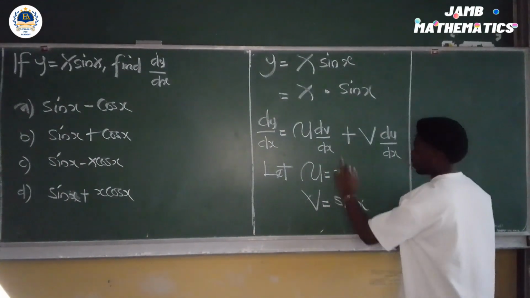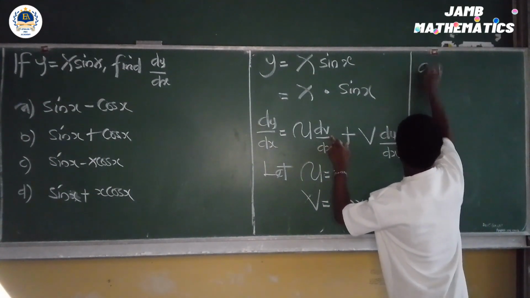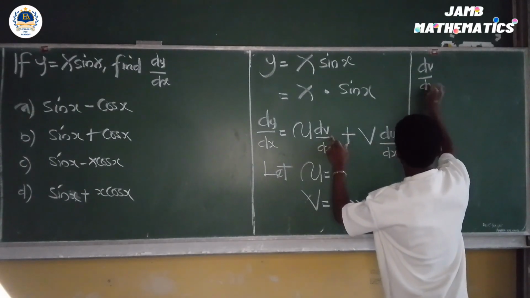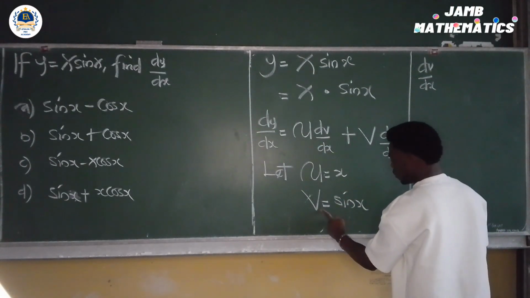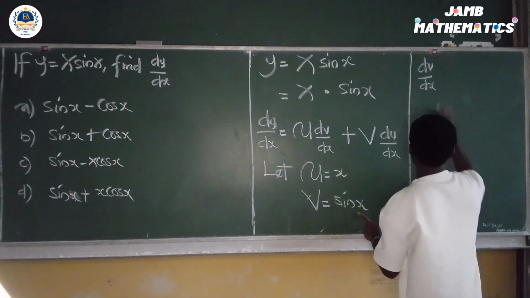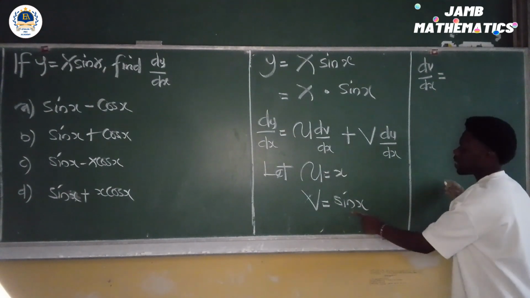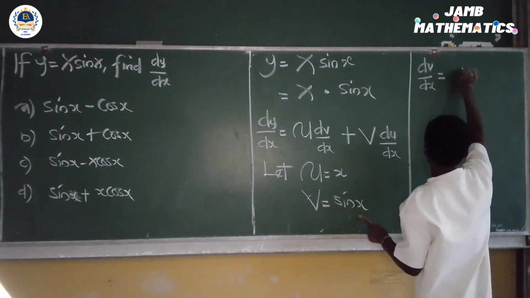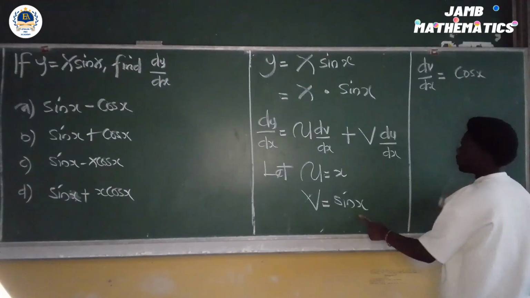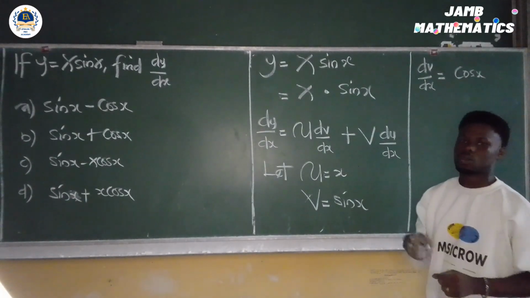So from here, dv over dx, which is the derivative of v with respect to x, is equal to sine x gives cos x. The derivative of sine x is equal to cos x.